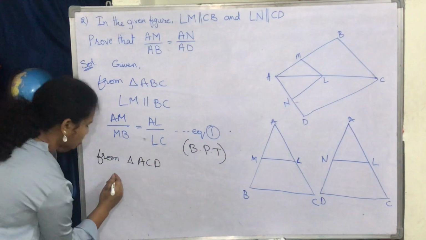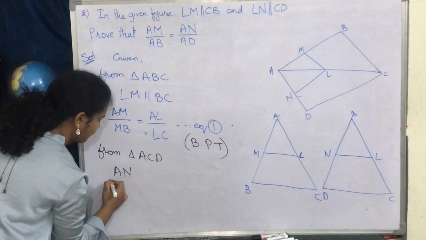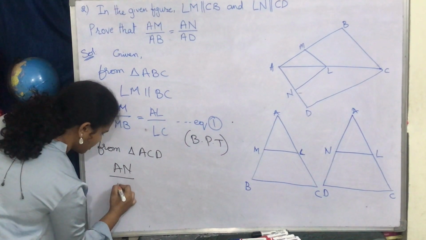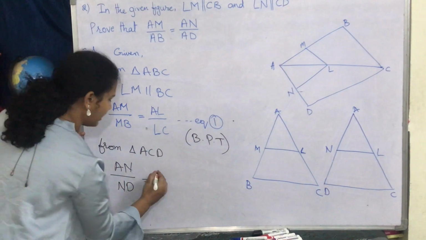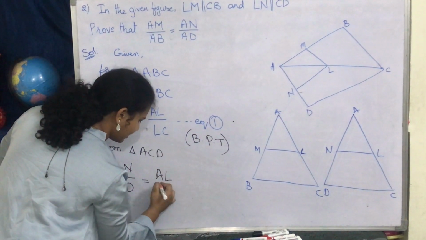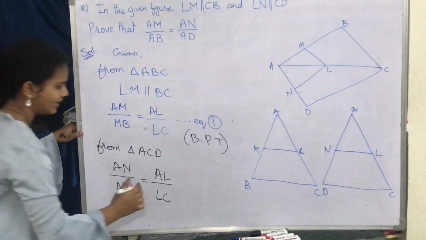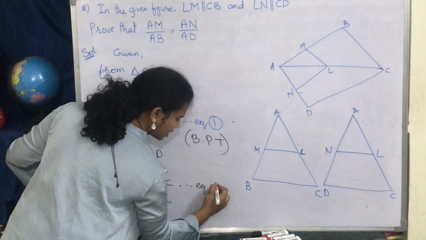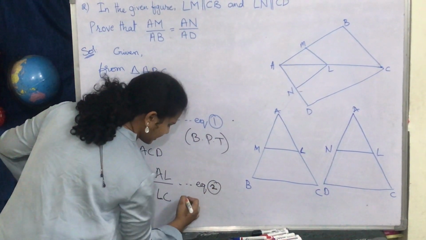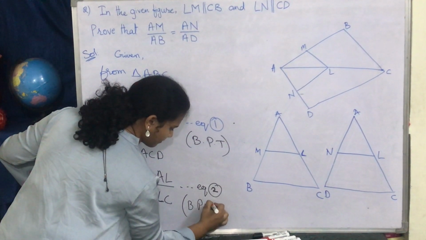Now by using BPT theorem again, we can write AN by ND equals AL by LC, right? Let this be equation number 2.